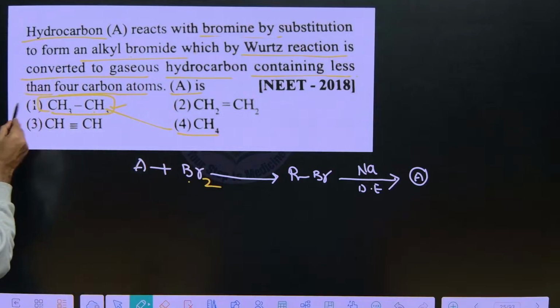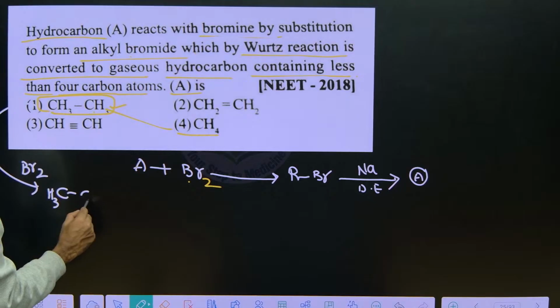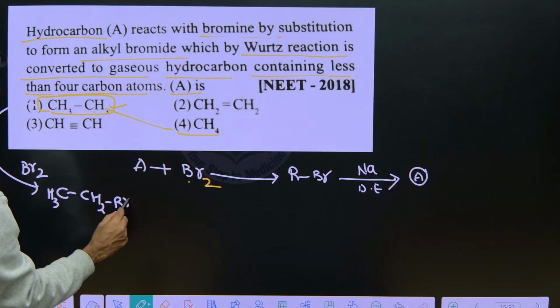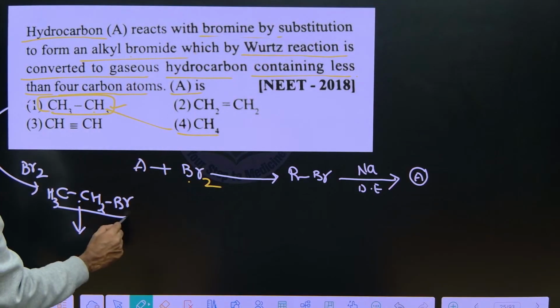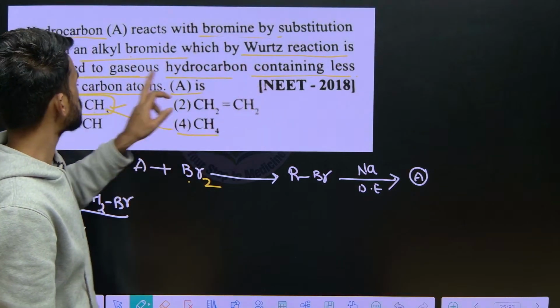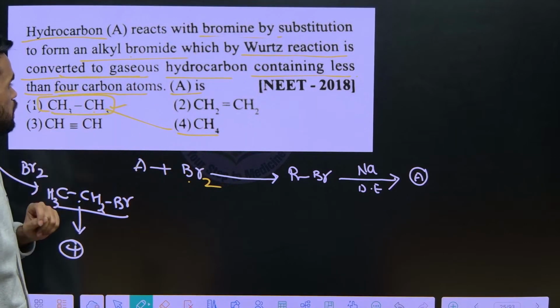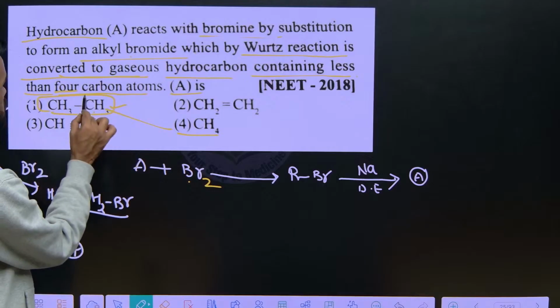If I treat this with bromine, for example, you are going to get CH3CH2Br. But if I do Wurtz reaction with this, you are going to get 4 carbons. But they are saying the final product should contain fewer than 4 carbons. Since this has 4, it is not our option.